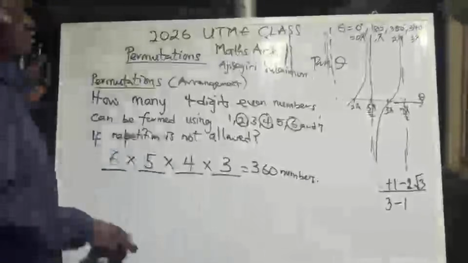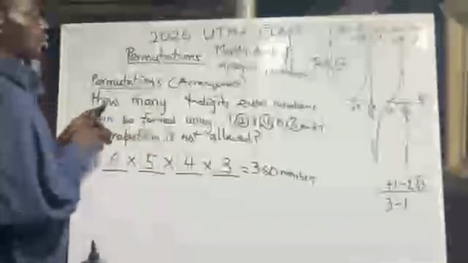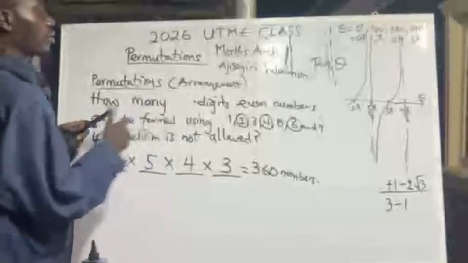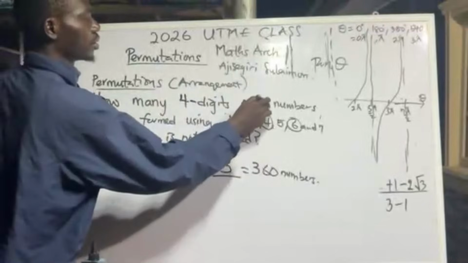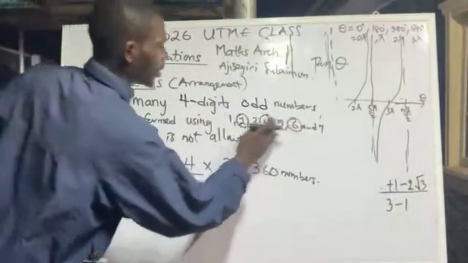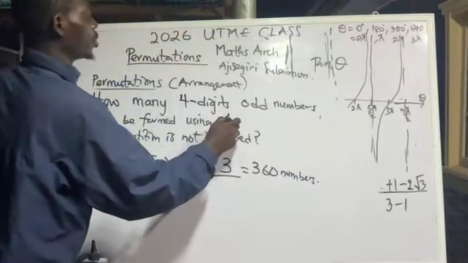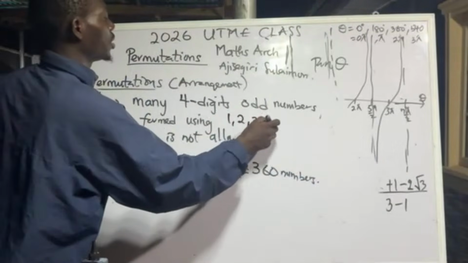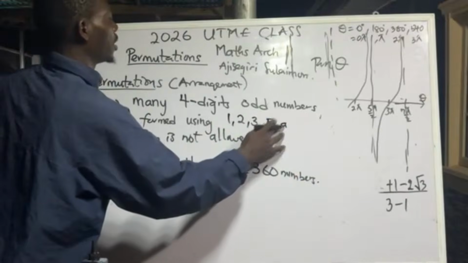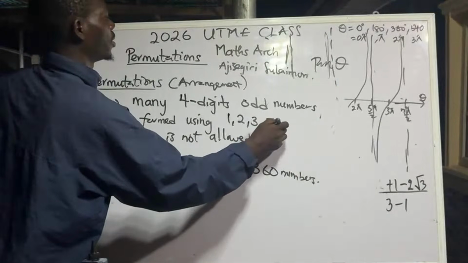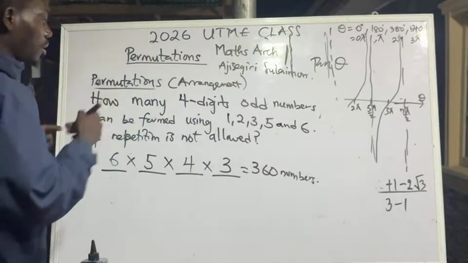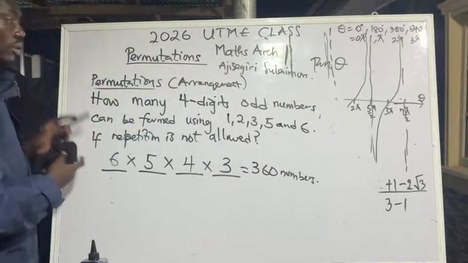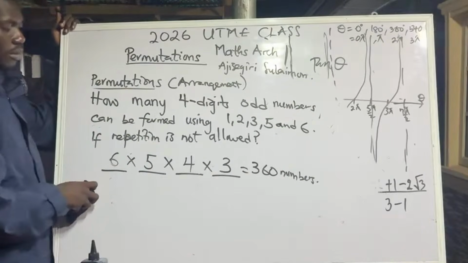So let me change this question to 4 digits, but odd number, and let the digits be 1, 2, 3, 5, and 6. Repetition is not allowed.